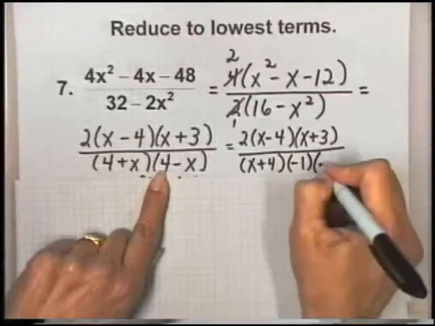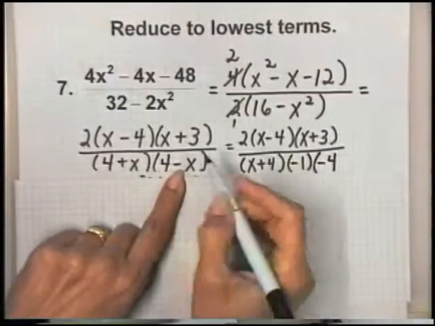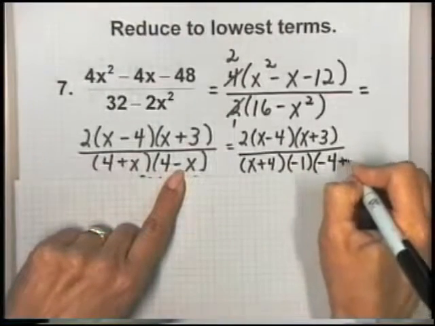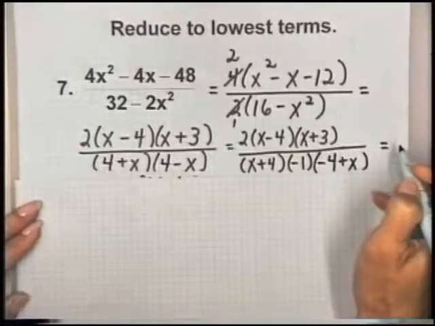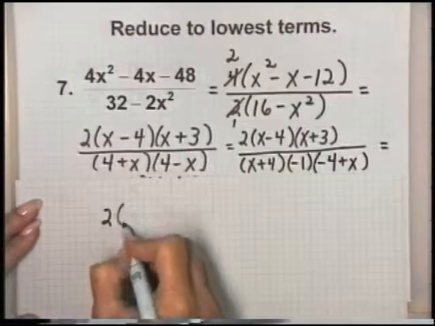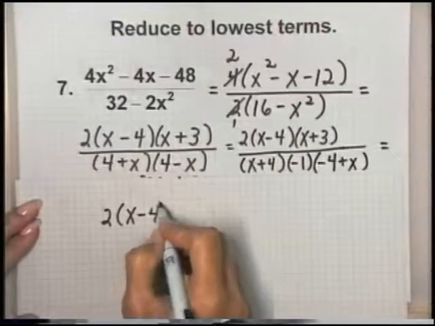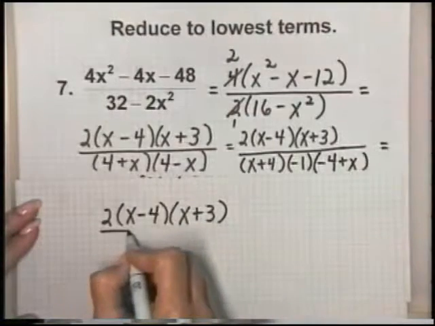When I factor -1 out of 4, I'm left with a -4. When I factor -1 out of -x, I'm left with a positive x. Now let's rewrite this. I'll have 2, I'll have x minus 4, x plus 3.